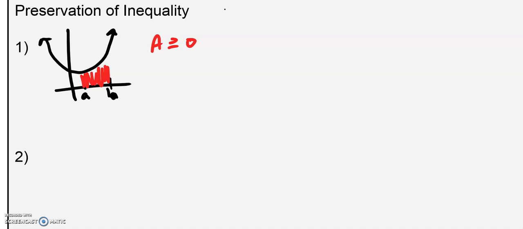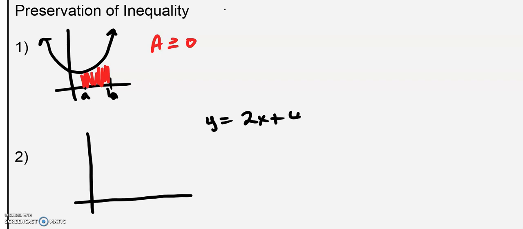The second part says if you have two functions, let's say one of them is y equals 2x plus 4, and let's say it looks like this. Then let's say our other function is y equals x plus 1.